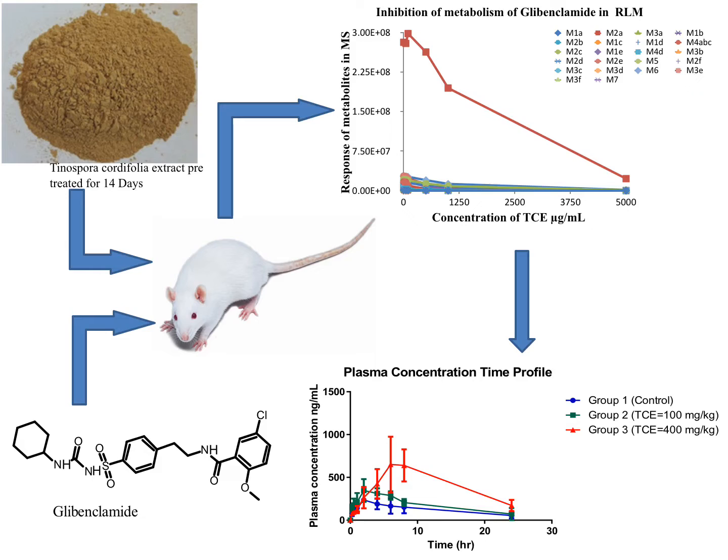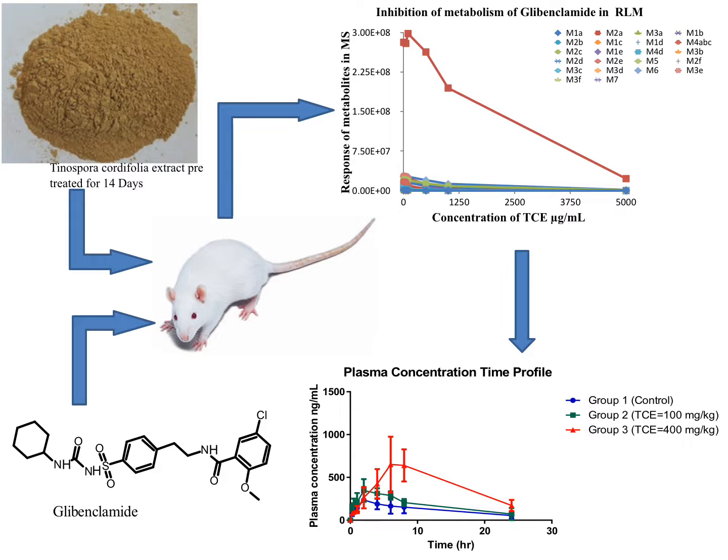As you can see in this slide, after observing that Tinospora cordifolia extract has an inhibitory effect on different metabolic enzymes for which glibenclamide is a substrate, we tested their simultaneous administration. So we administered Tinospora cordifolia extract along with glibenclamide for 14 days, and we found that in the rat liver microsomes, the metabolism of glibenclamide is inhibited, and this has led to increased availability of glibenclamide.